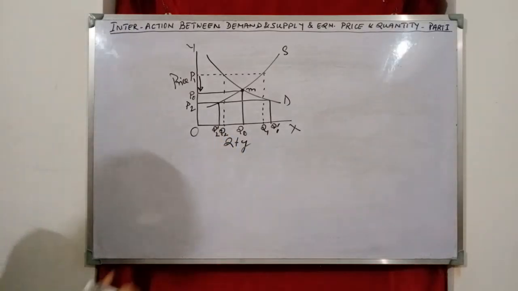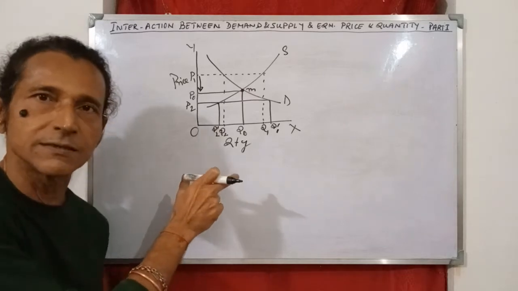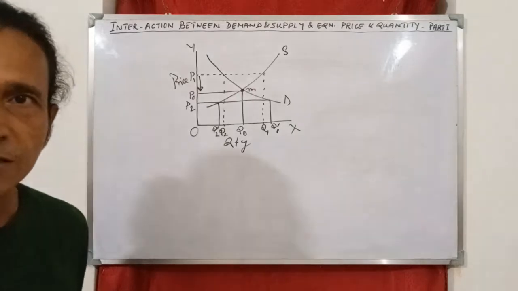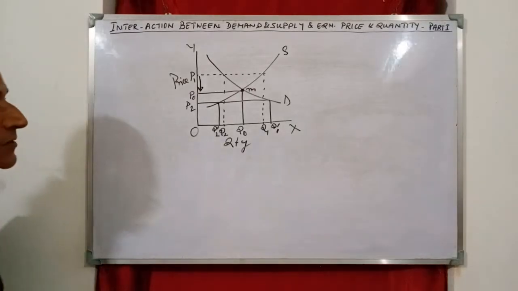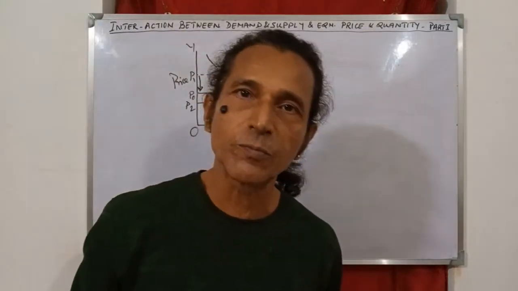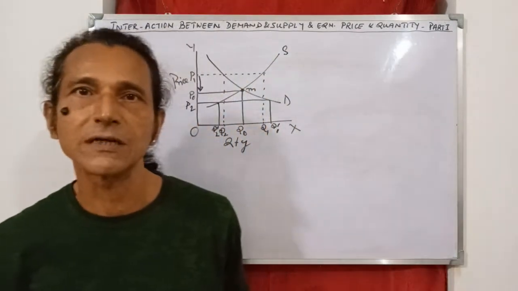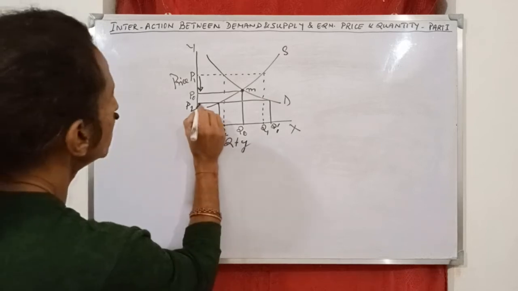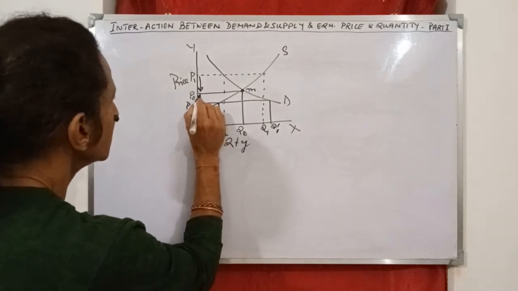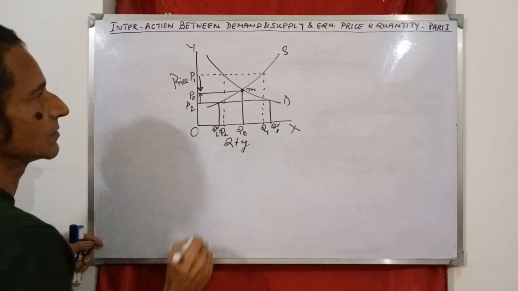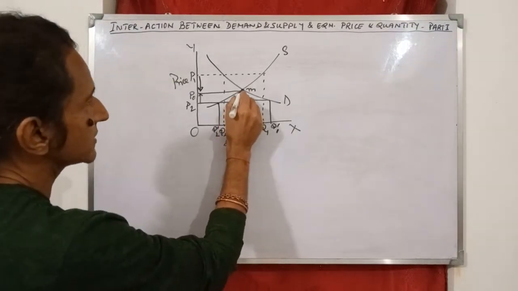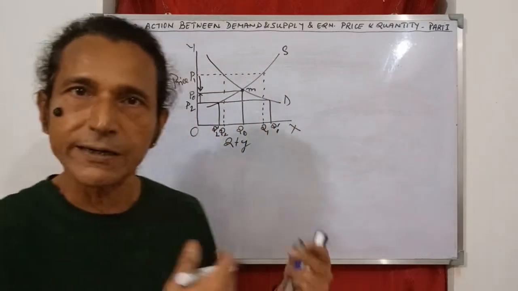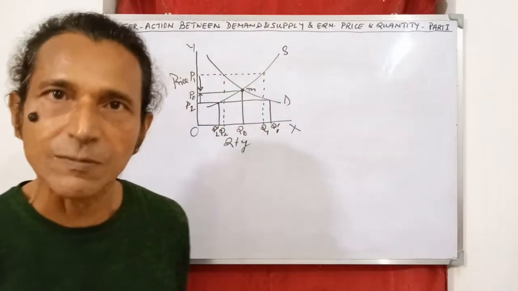So there is more demand relative to supply, that is there is excess demand or shortage in supply. So there will be competition among the buyers to buy the product, and that competition will push the price up, and ultimately P2 will reach P sub O, that is at the point of intersection where demand is exactly equal to the supply, that is quantity demanded is equal to the quantity supplied.